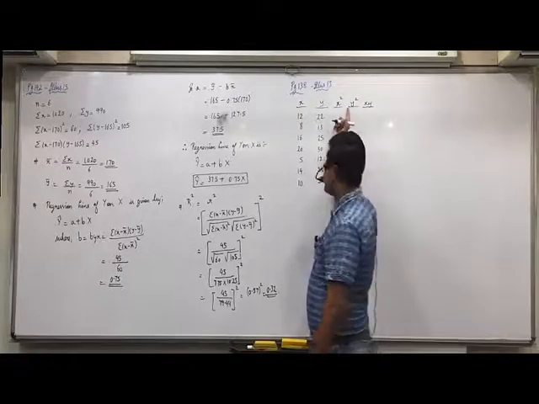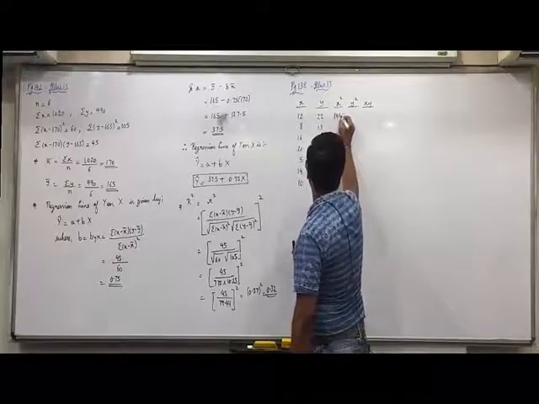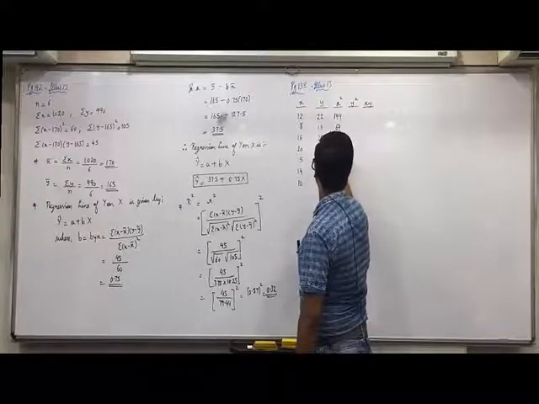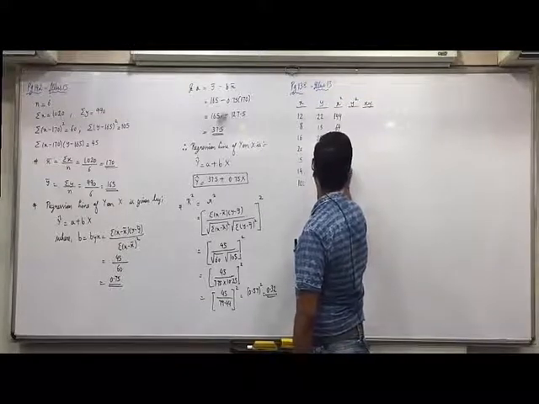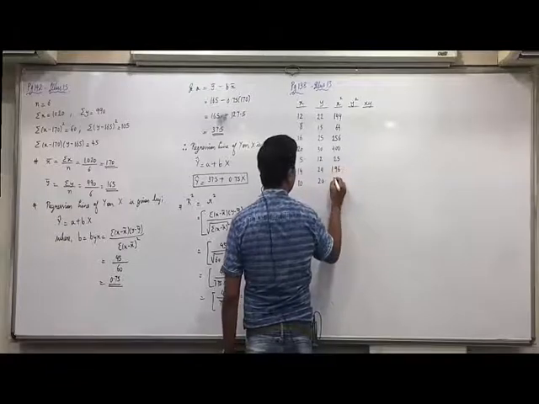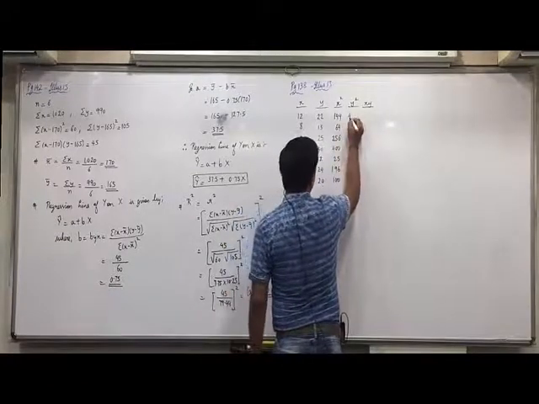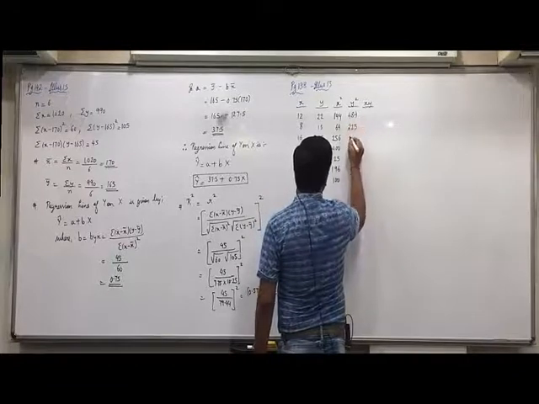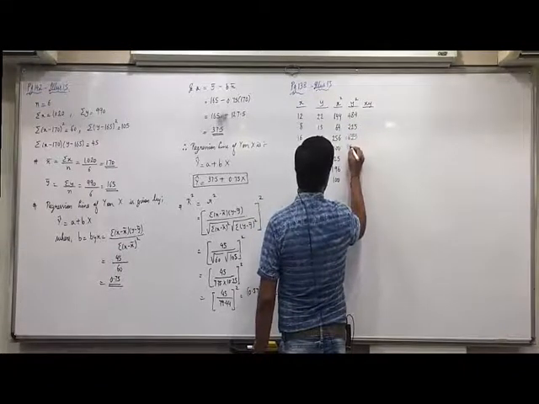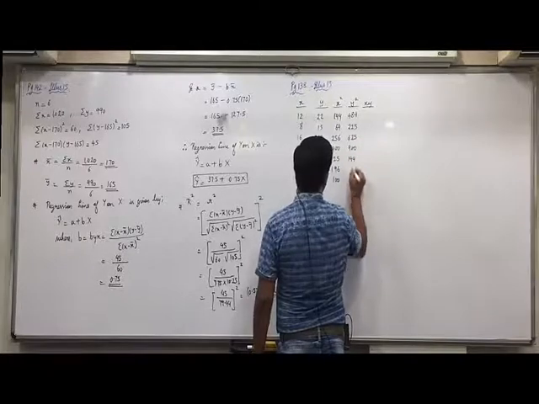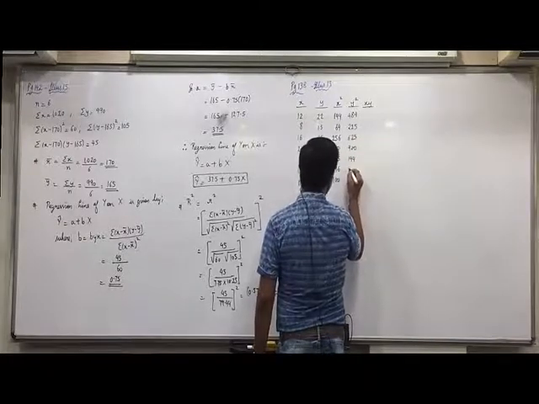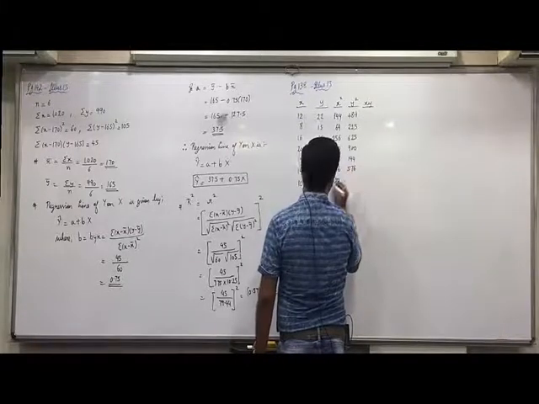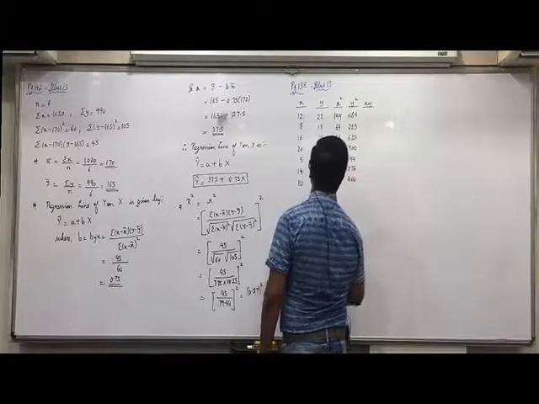Got it, everyone? Now 12 square, 8 square, 16 square, 20 square, 5 square, 14 square, 10 square. 22 square, is it 484? 15 square, 25 square, 30 square, 12 square, 24 square is 576 and 20 square 400.